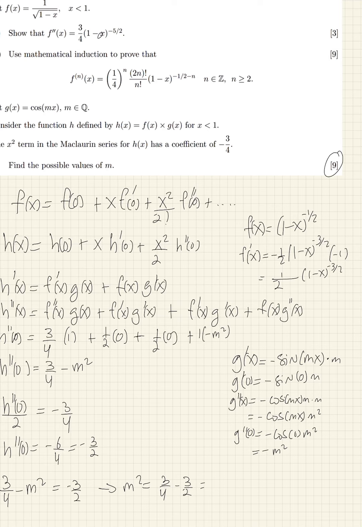I have a bit of an issue there, don't I? Fortunately, it's a plus. That helps. There we go. Right. We add 3/2 to both sides, and we add m squared to both sides. Very well. So it's 3/4 plus 6/4, which is 9 over 4. Therefore, m is equal to plus or minus 3 over 2. And I think we're done.